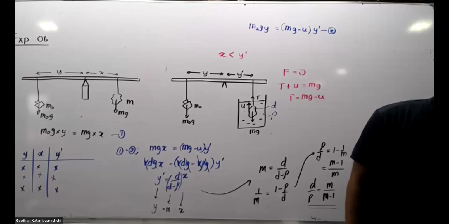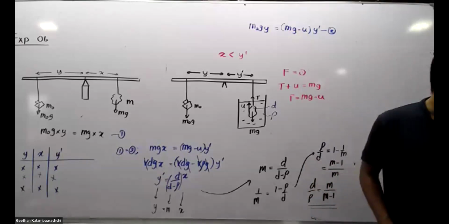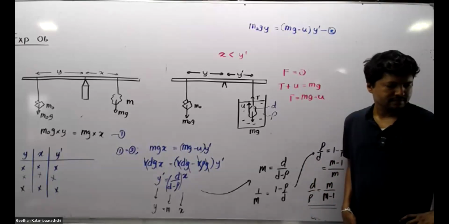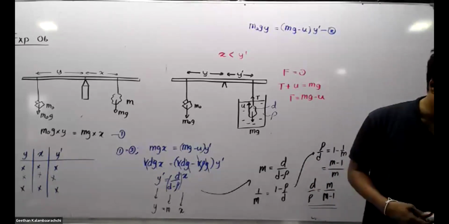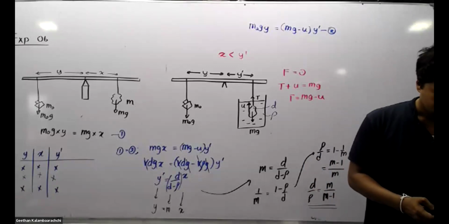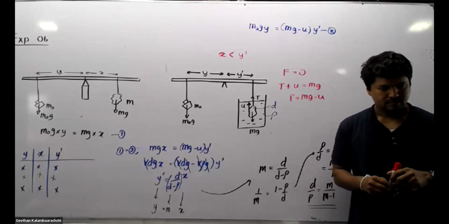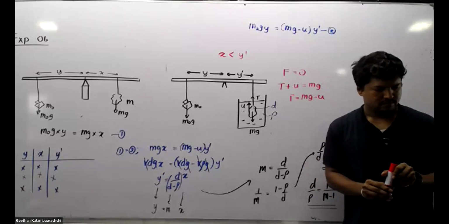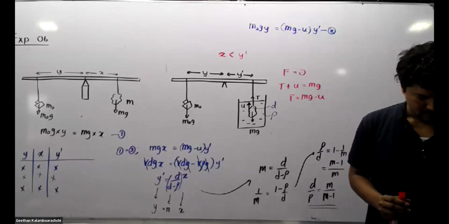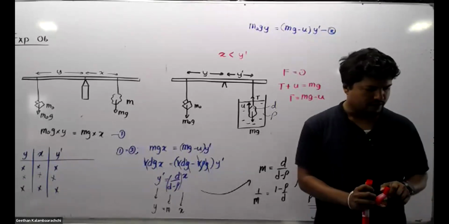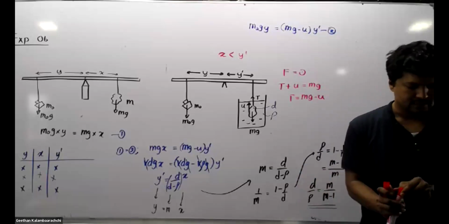So about the extension, we have to write something. Let's write it. The unknown mass is now immersed in a beaker of water and balanced.